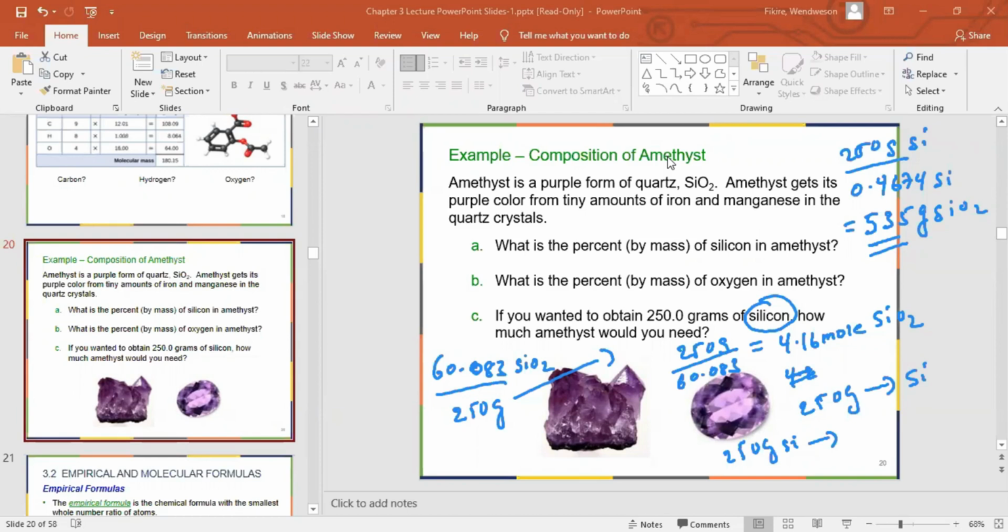Okay. So you have 535 grams of silicon dioxide. That's called the amethyst. So 250 grams of silicon divided by 0.4674 gives you 535 grams of silicon dioxide. Is that what you said?